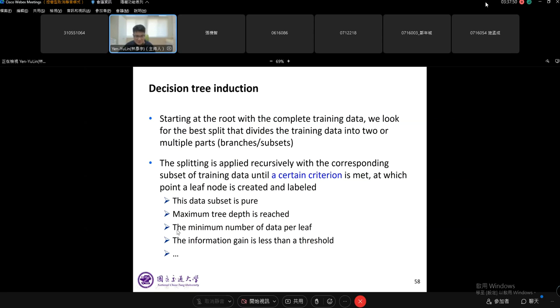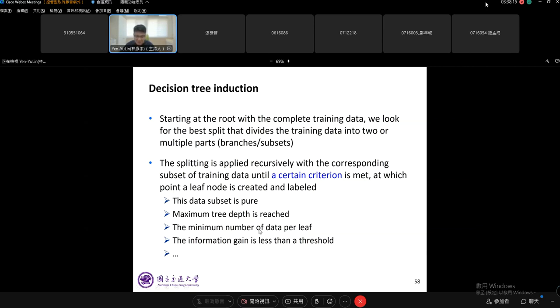The third criterion is about the number of data points belonging to some particular node. We say if we want to make a split, so it is like a classification problem. If we don't have sufficient training data, we will overfit this data subset.